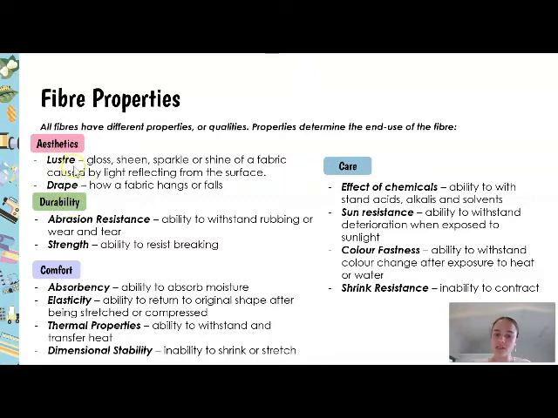So we've got luster. Luster is something that we look at when we are looking at, say, a ball gown. It's always related to silks, because they've got this shine, this gloss. Luster is all about the gloss, sheen, sparkle, or shine of a fabric caused by light reflecting from the surface.